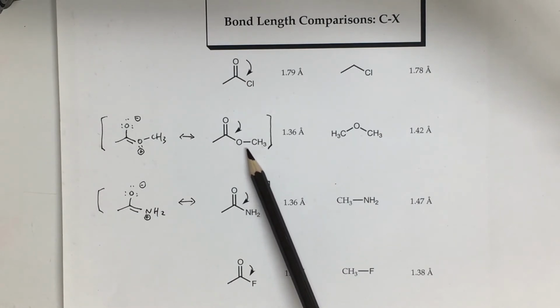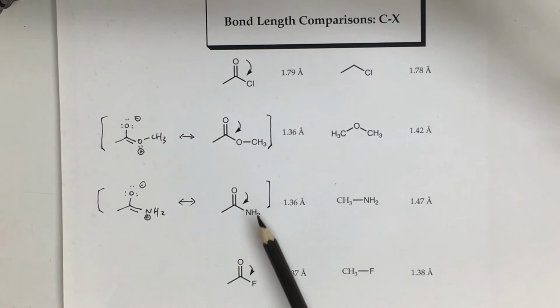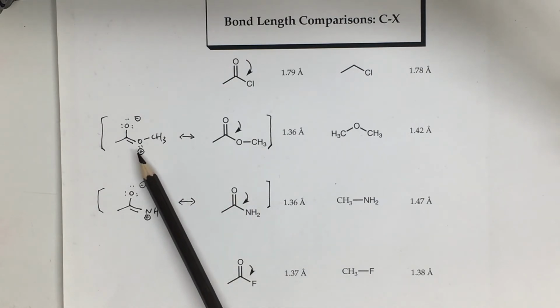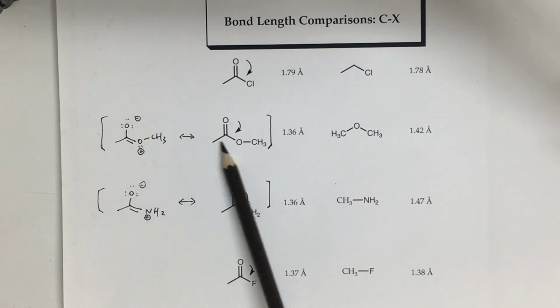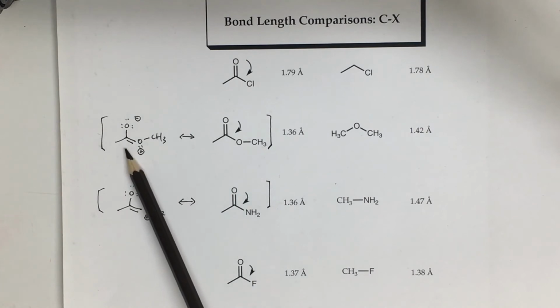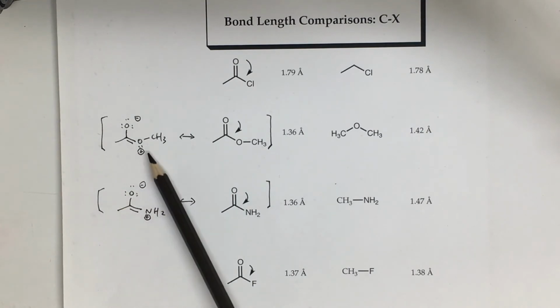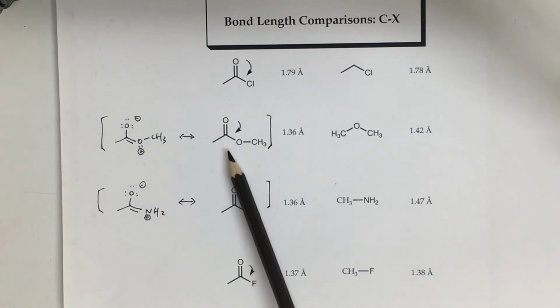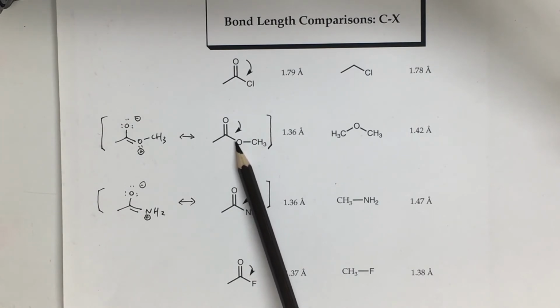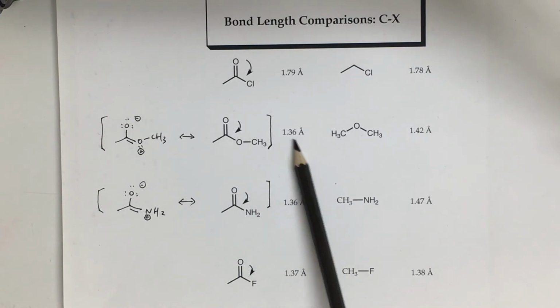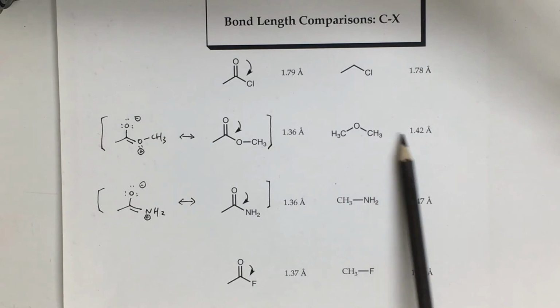An ester really is a resonance hybrid of multiple structures, and I wrote another very important contributor here. Because the ester is a resonance hybrid, this carbon-oxygen bond actually has a lot of double bond character, which makes it much shorter than this carbon-oxygen bond.